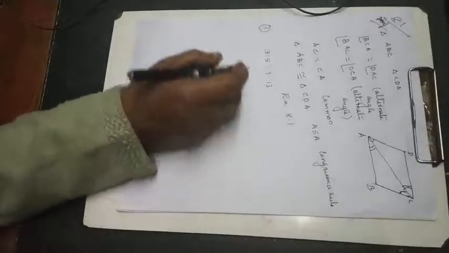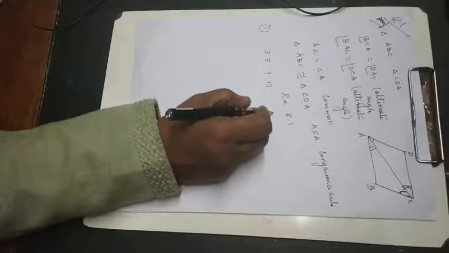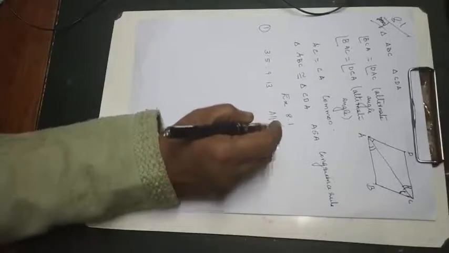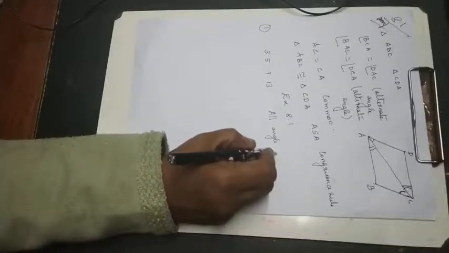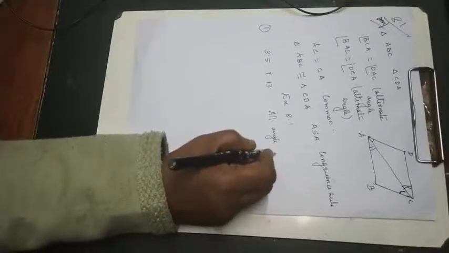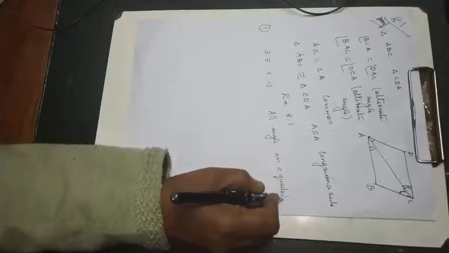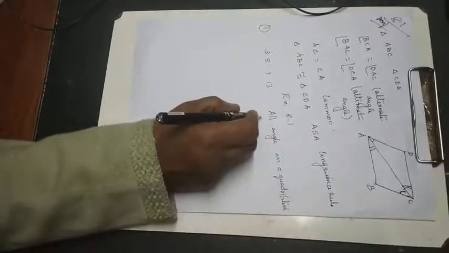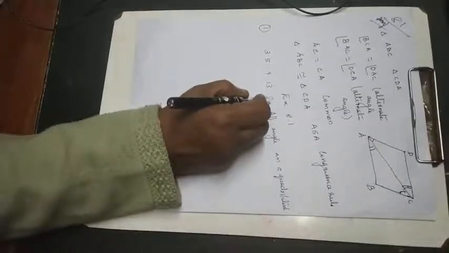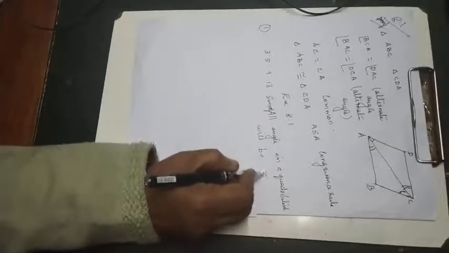So first we can write that theorem: the sum of all angles in a quadrilateral will be 360.